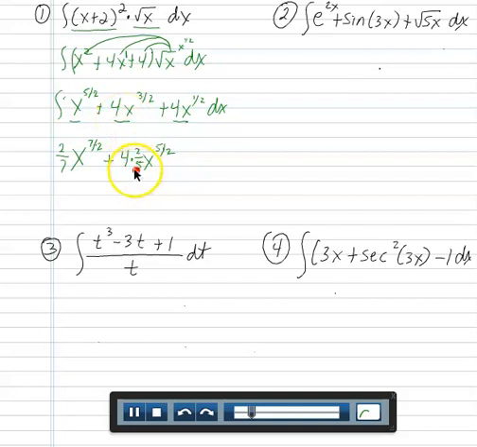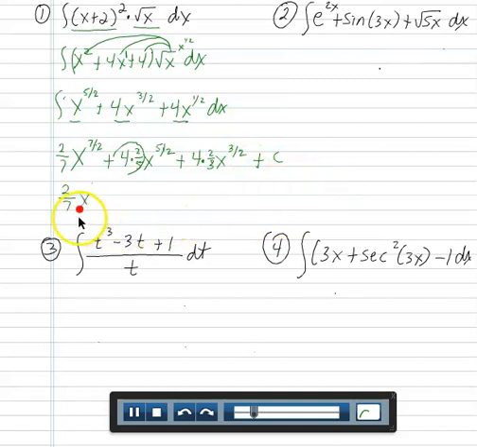So since it didn't survive that process, there must have been a 2/5 out front. Now I'll clean this up and simplify it at the end, but for now, that's good. Same thing here. 4 comes along for the ride. X to the 1/2 gets increased by 1, which would make it 3/2. That 3/2 had to go away in the differentiation process since there's no 3/2 out in front here, and the 2/3 will take care of it.